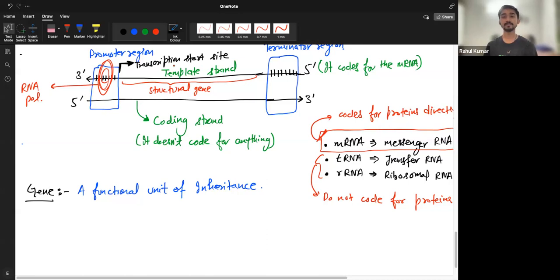So now there is a problem. We used to think that all genes code for protein, but that's not true. So that's where we need to now define the segment of the DNA or gene that specifically codes for a protein. The rest, we can still call them structural genes, but they will not code for protein. They will code for tRNA or rRNA, or other forms of RNA that cannot be read by ribosomes.